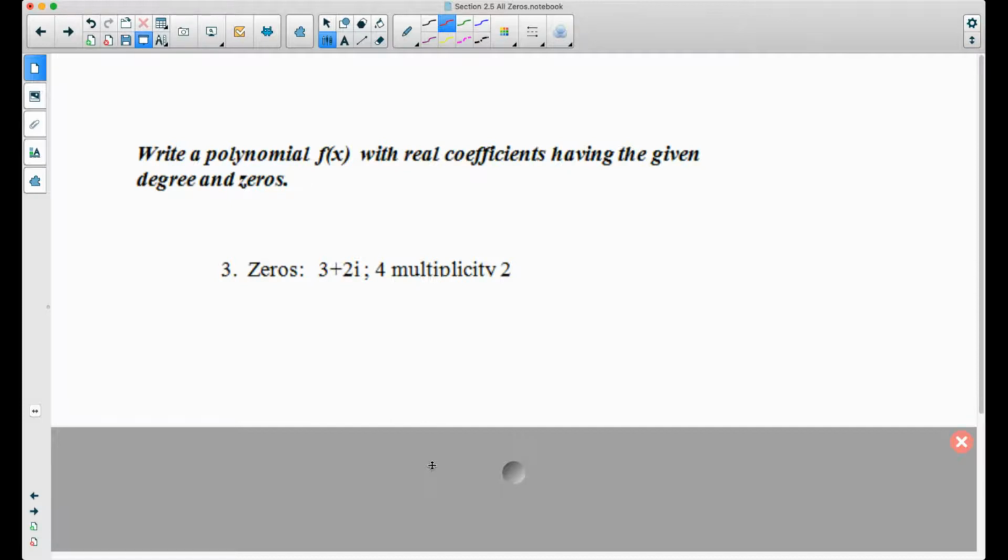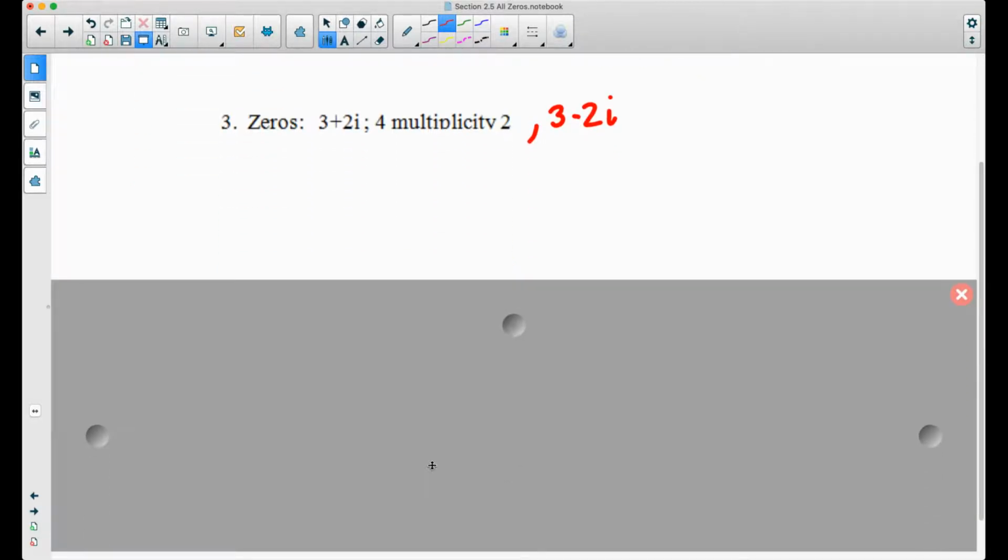All right, so what are my zeros that are missing here? 3 plus 2i. Okay. So we're going to multiply all of this together. You're going to treat this like those radicals we were doing when we did the box and multiplied it that way.